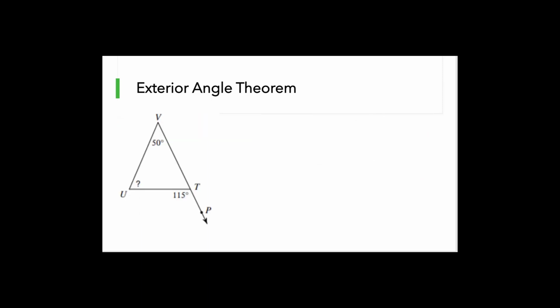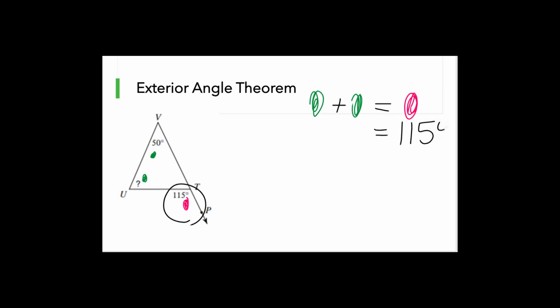Okay, exterior angle theorem again. So, inside angle equals the outside angle. Now, this example is a little bit different because you know the outside angle equals 115 degrees. Okay?